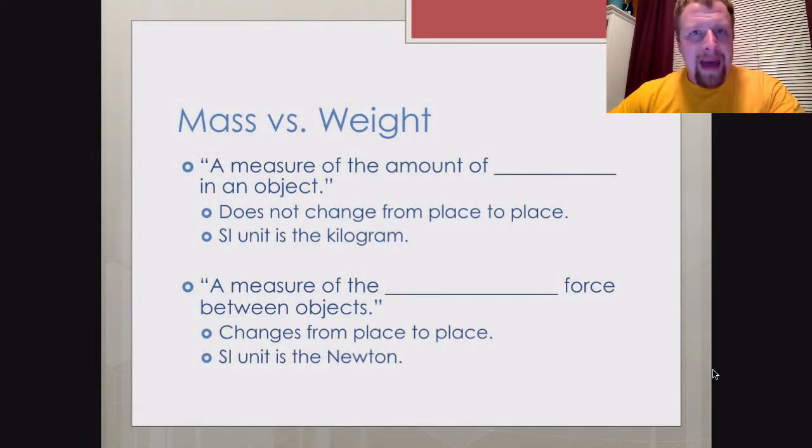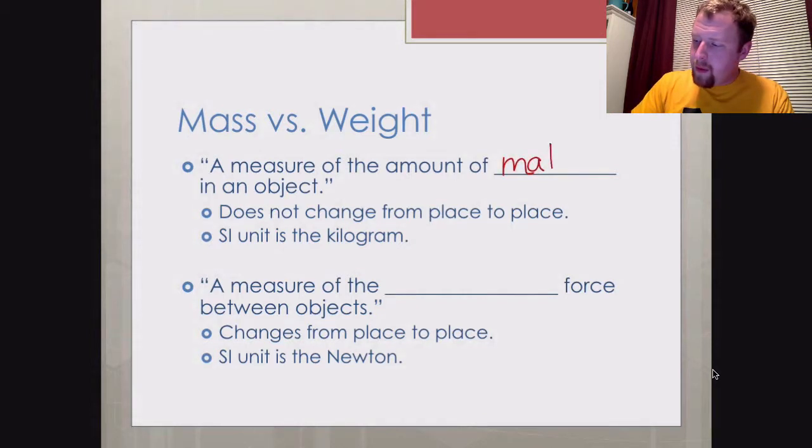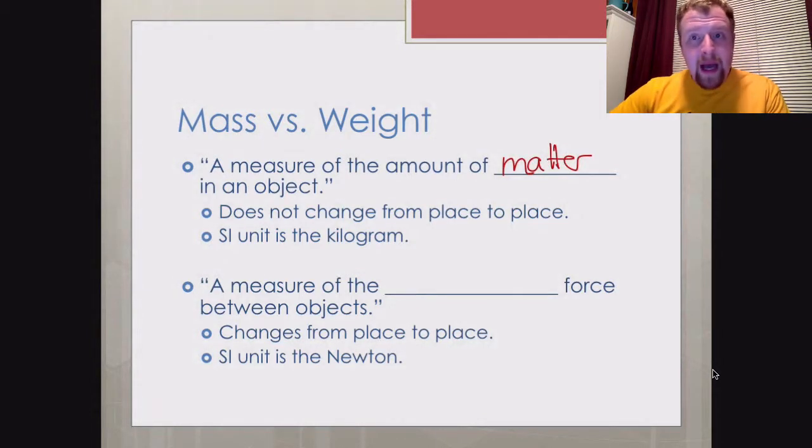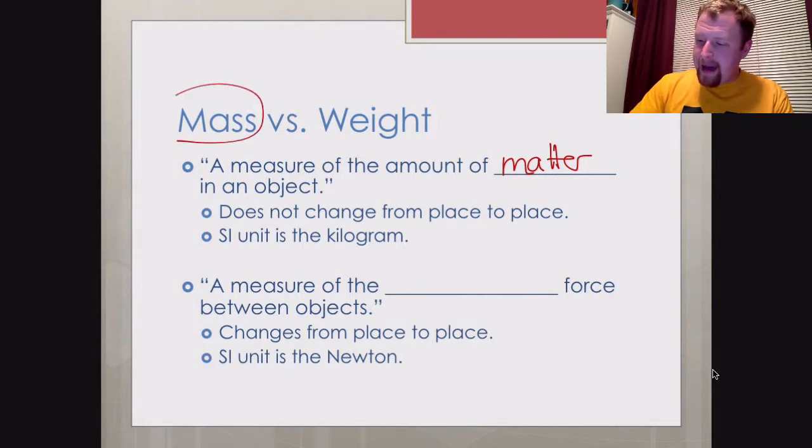Because we're talking about mass, how much matter is in something, it's really important that we make a difference between mass and weight. There's a really important distinction that needs to be made here. The measure of the amount of matter in an object is what we call mass.